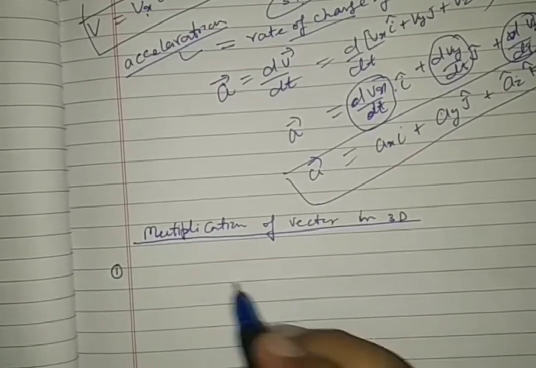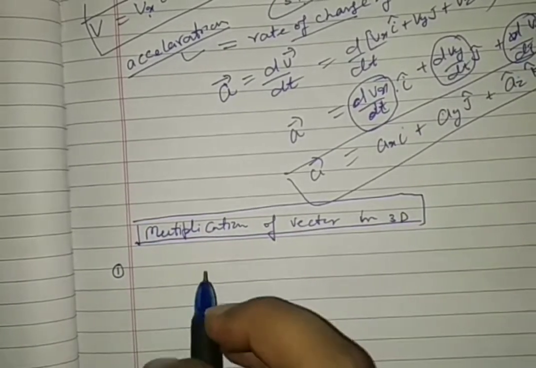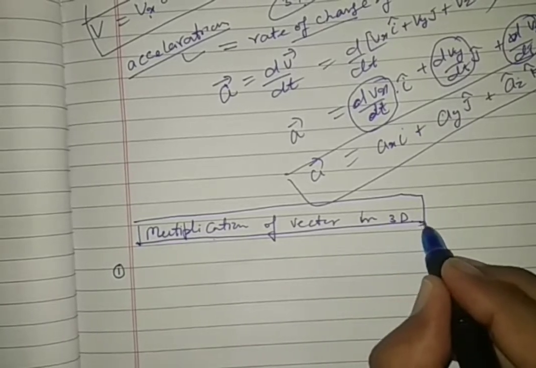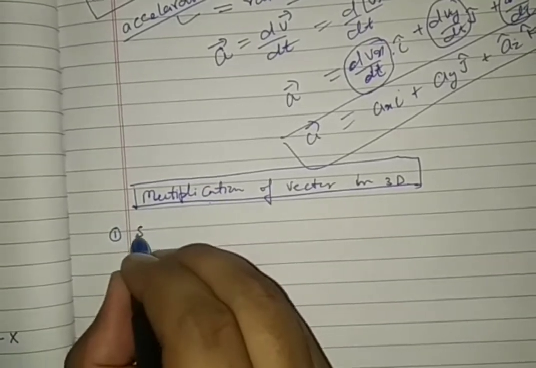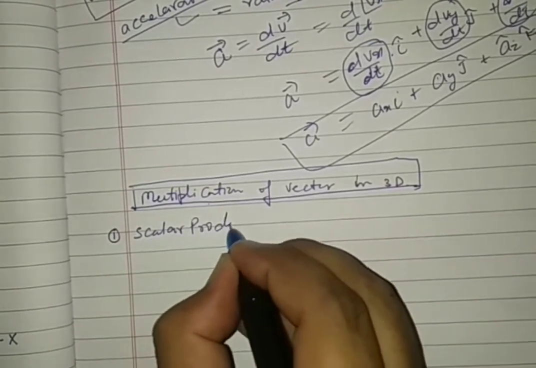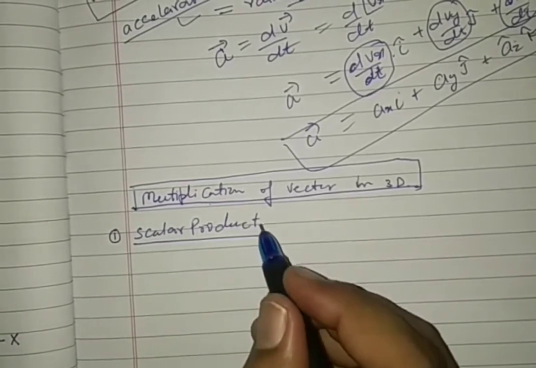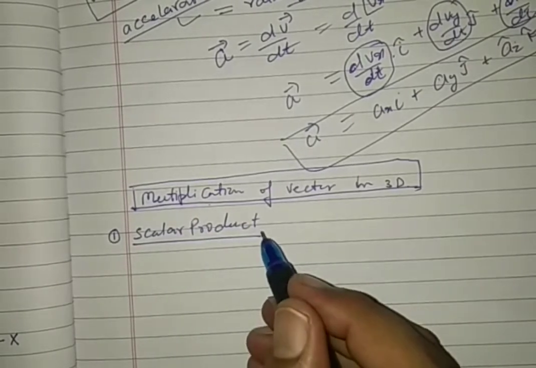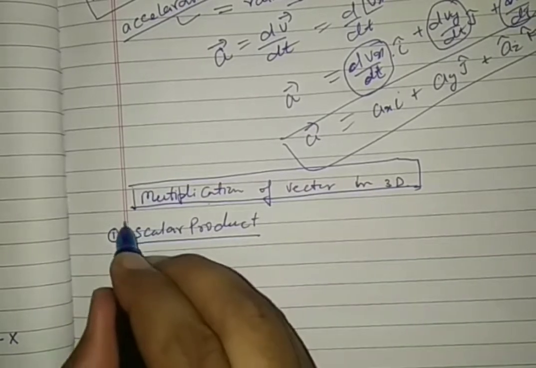Now we are going to see one more important topic, multiplication of vectors in 3 dimensions. We will see two types here. The first one is the scalar product. We have discussed scalar multiplication and the cross product or vector product in part 2, but here we are going to see it in 3 dimensions.